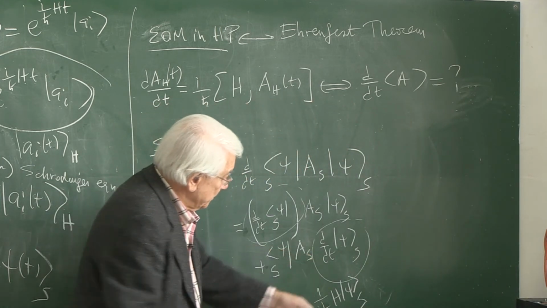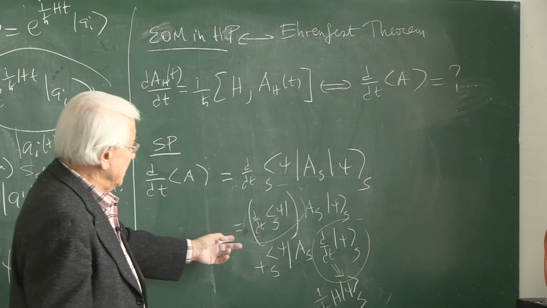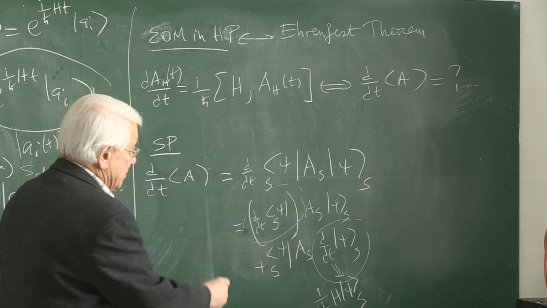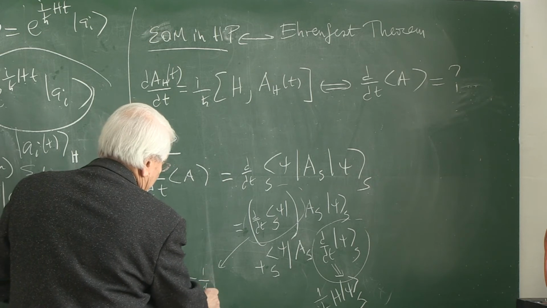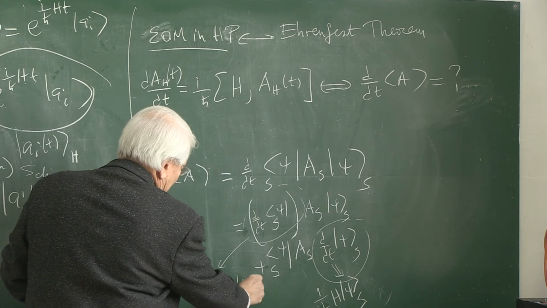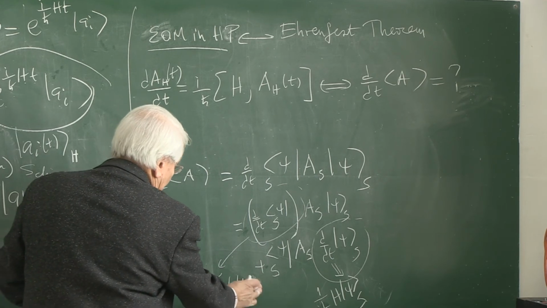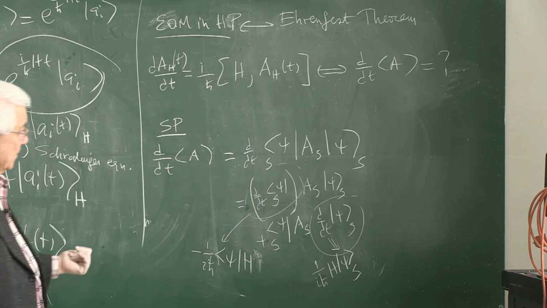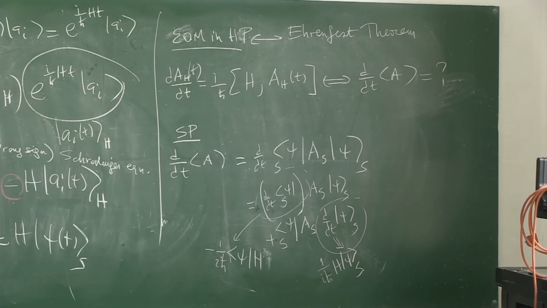And what about this one? This one, you go to the dual space, minus 1 over i h bar, psi, and H. Normally I would have taken the dagger of it, but H is the Hermitian Hamiltonian, therefore it is this one. So let's combine everything. What do I get? I will do it in the left corner.